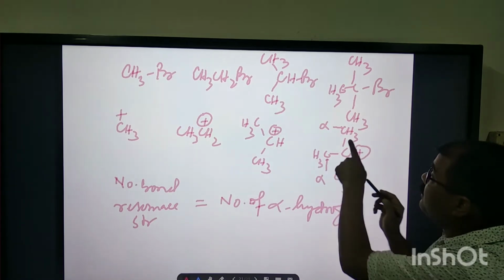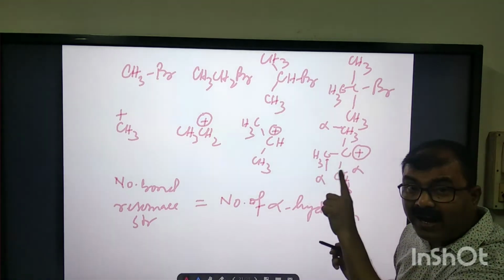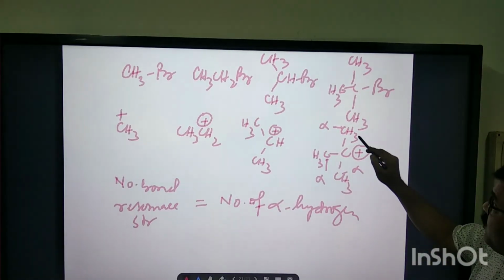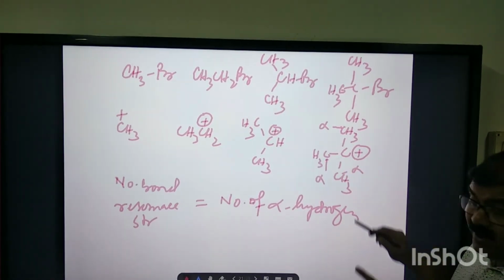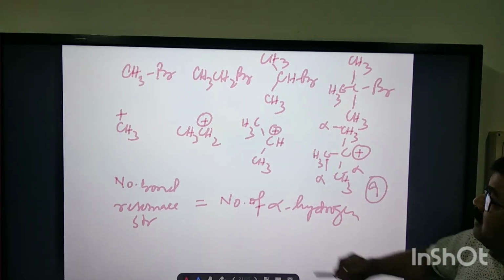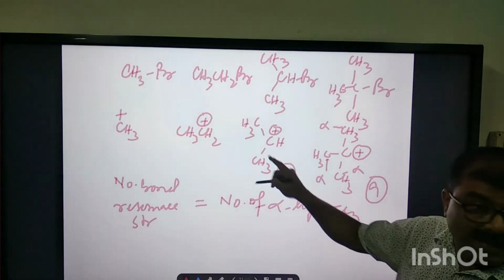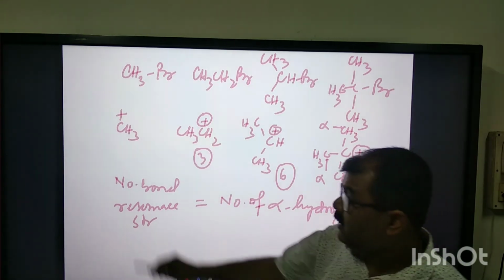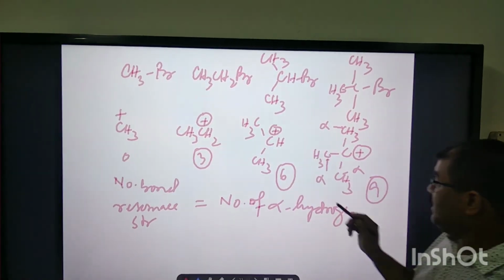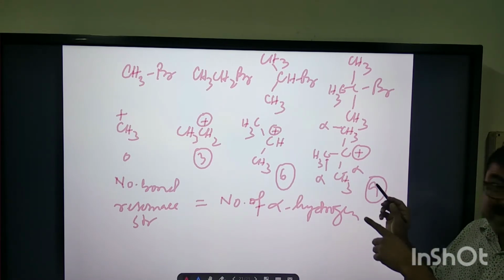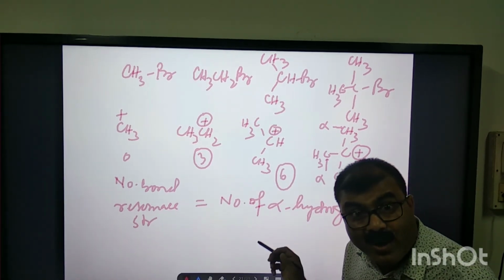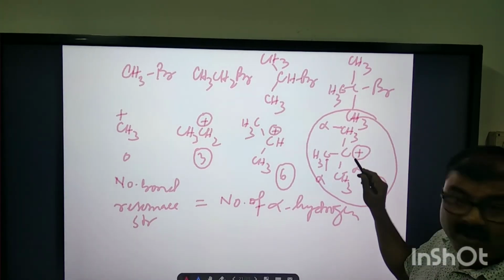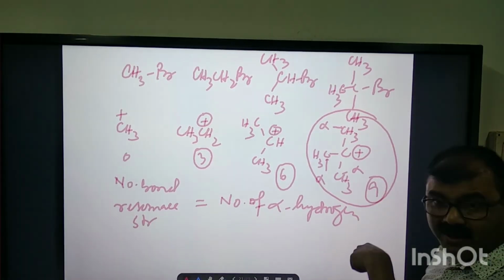Alpha hydrogen means the hydrogen attached to the alpha carbon. How many alpha hydrogens are attached? Here 3, here 6, here 9. Here it is more, meaning the maximum number of no-bond resonance structures due to hyperconjugation is in the tertiary butyl carbocation.